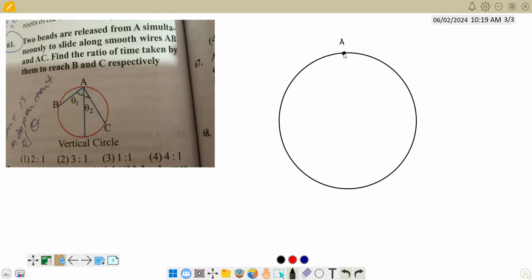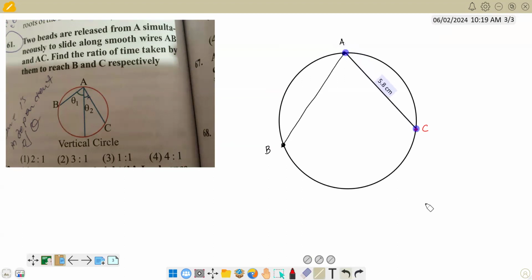If the other point is also on the circle, like the previous one, some random point B, and another random point C, again traveling from one point in the circle to another point in the circle.